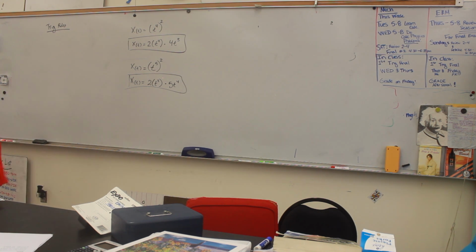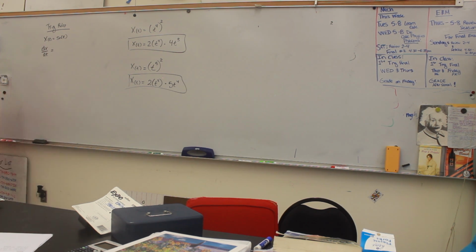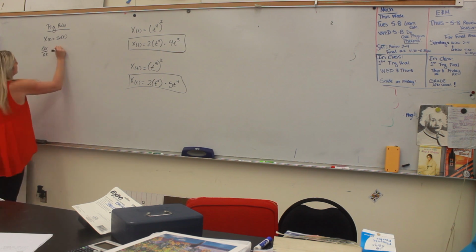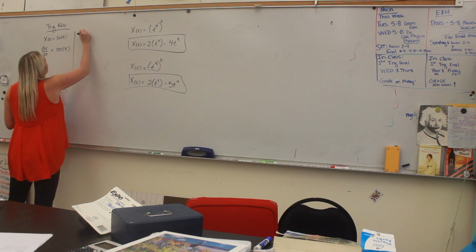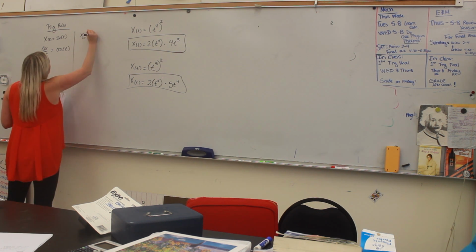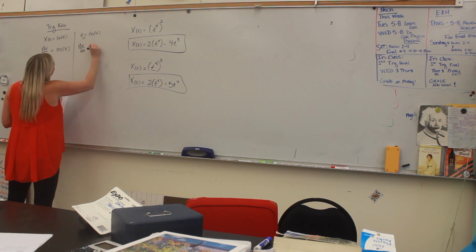Okay, so you should know these. If my x of t was sine of t, when you take the derivative of dx with respect to t, the derivative of sine is cosine. Okay, if I start with cos, then the derivative of that is sine.